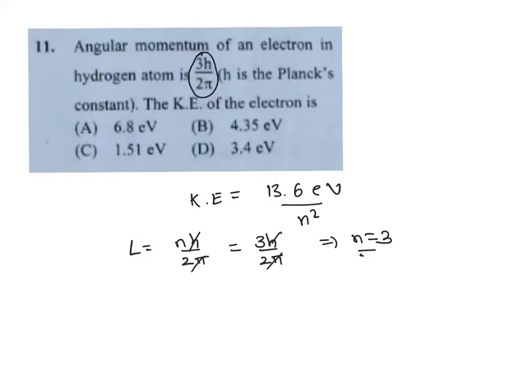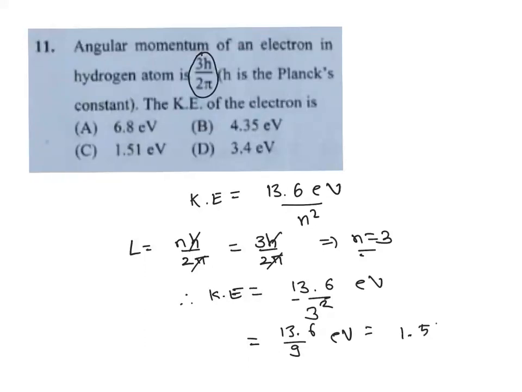The kinetic energy is 13.6 electron volt divided by 3 square, which is 13.6 divided by 9 electron volt, about 1.51 electron volt. So option C is the right answer for this question.